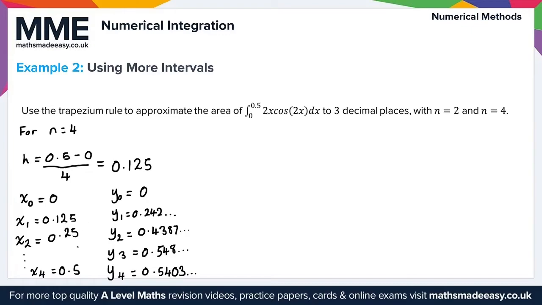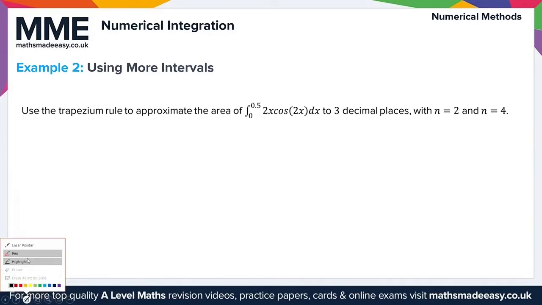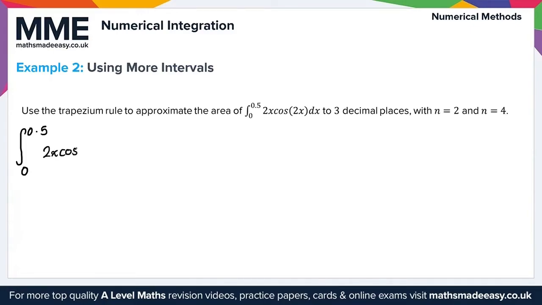Now we want to use these values with our trapezium rule formula. I'll clear the work we've got so far, just so we've got enough room for this full approximation. So the integral from 0 to 0.5 of 2x cos 2x dx. Our approximation is given by h over 2, so that's 0.125 over 2.